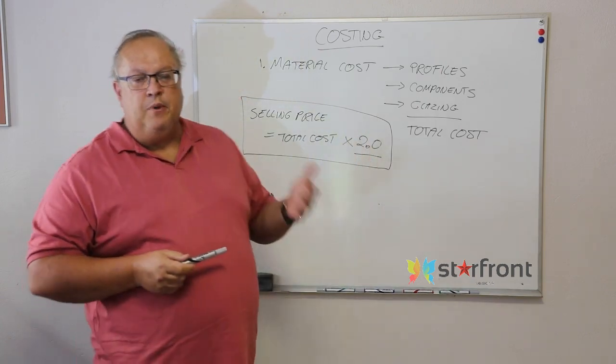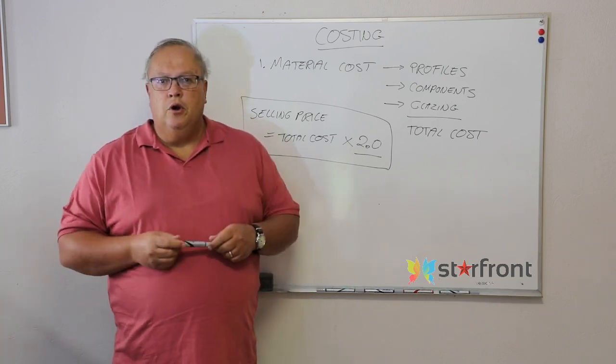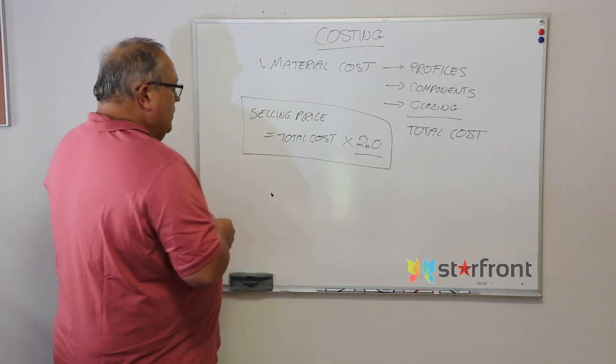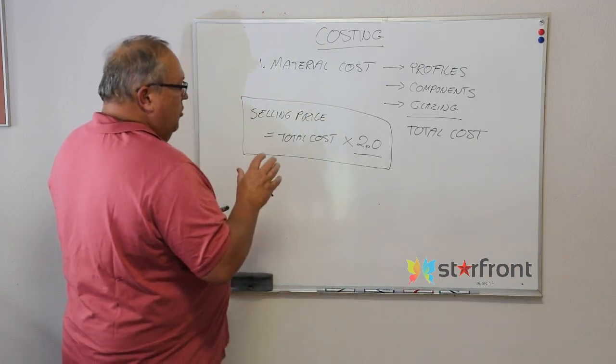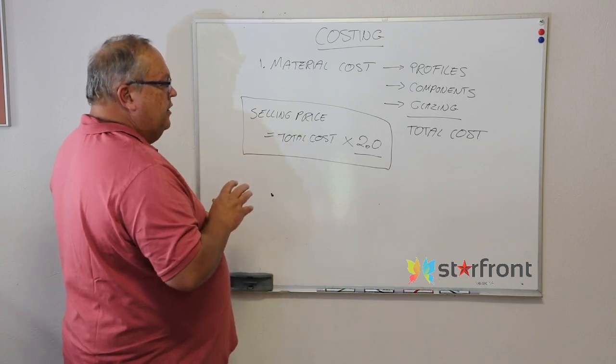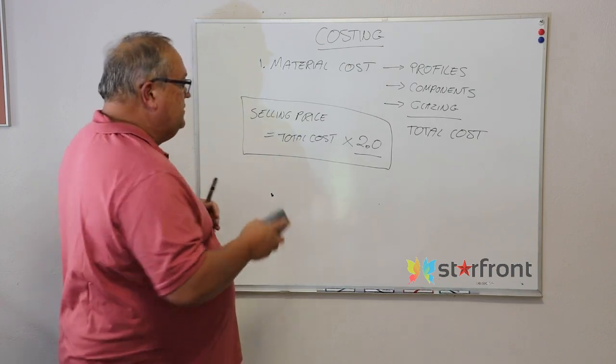And your factor might be 1.8, it might be 2.2, depending on where you are positioned in your company. Now, the more accurate way to work out your costing is to obviously take into consideration those other factors.